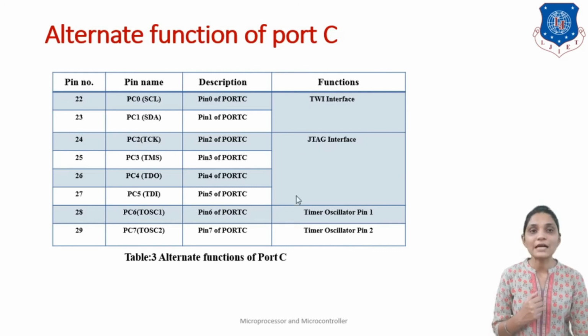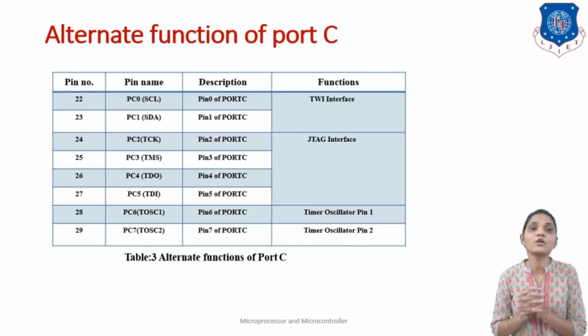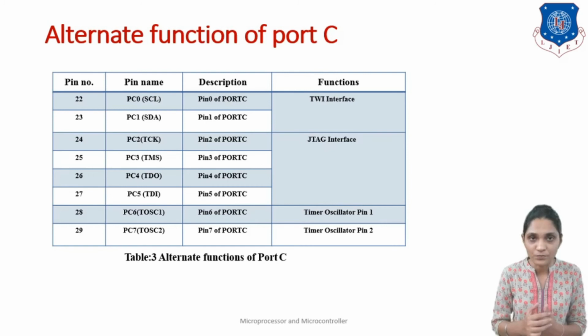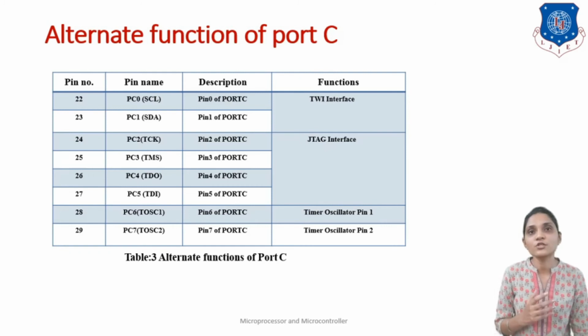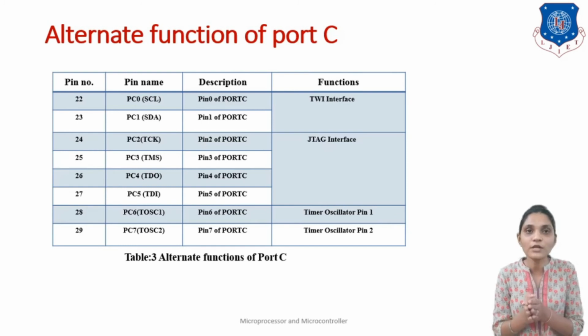So basically port number C is used for some other interfaces, like you can use it for the two wire interface, or the JTAG interface, or you can connect with the timer oscillator. Okay, so this is the basic function of C. It can be used as a bidirectional input output port as well as for these interfaces.